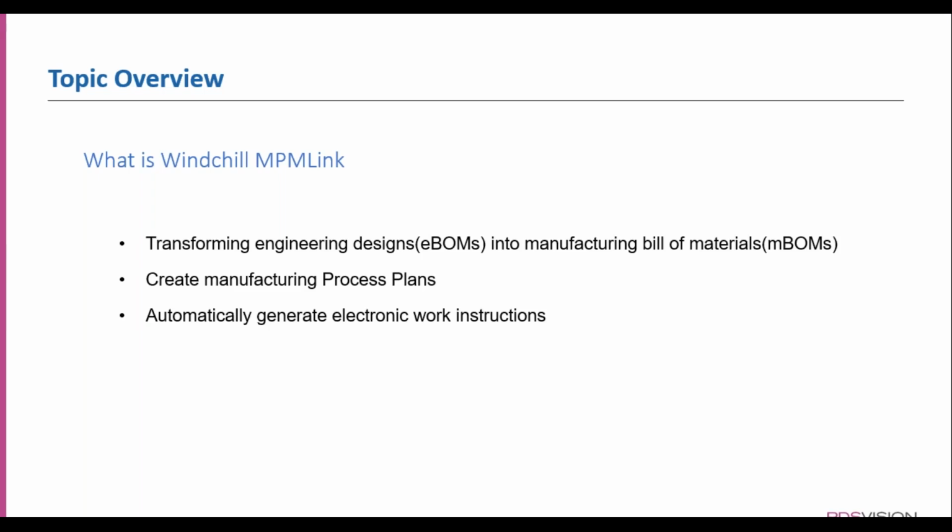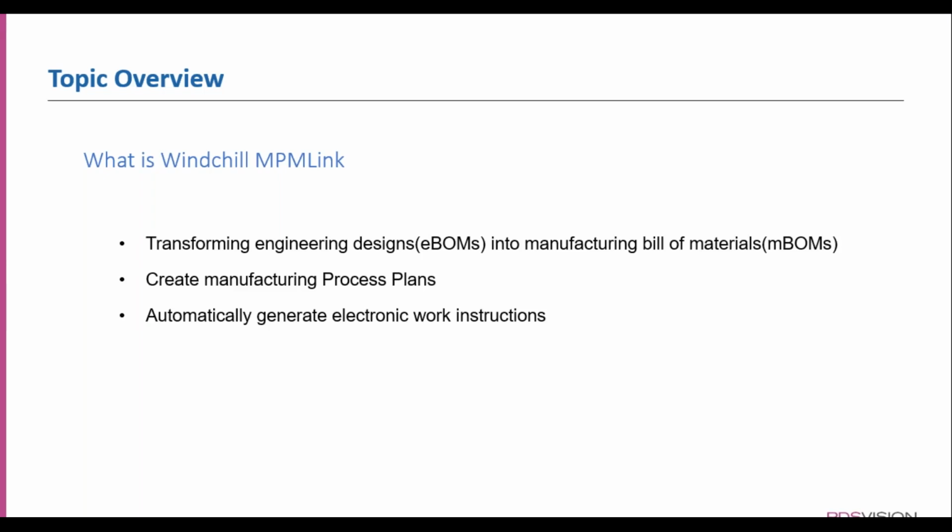So it provides capabilities to do that. It also provides capability to create manufacturing process planning. So we can have a process plan with a set of operations being created inside Windchill, which will show us how we can manufacture that particular mBOM.